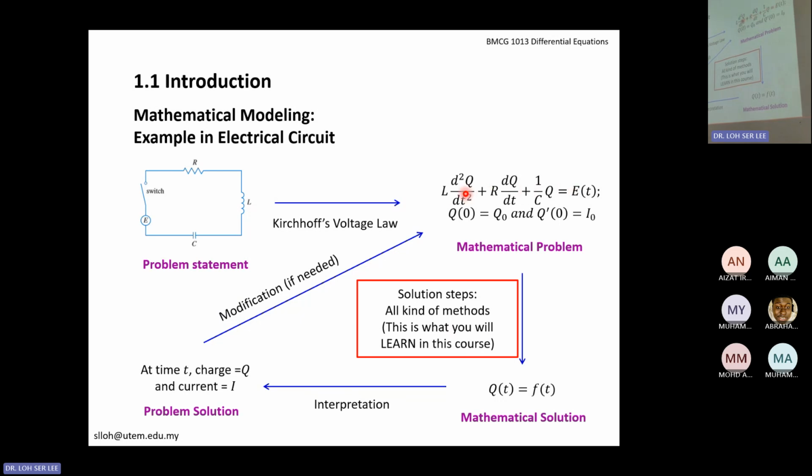This is the mathematical problem, and these are the initial values. After you solve this, you will get the solution. After you interpret, you know at what time what the charge is and what the current is. So we will look at this part. This is just an example.